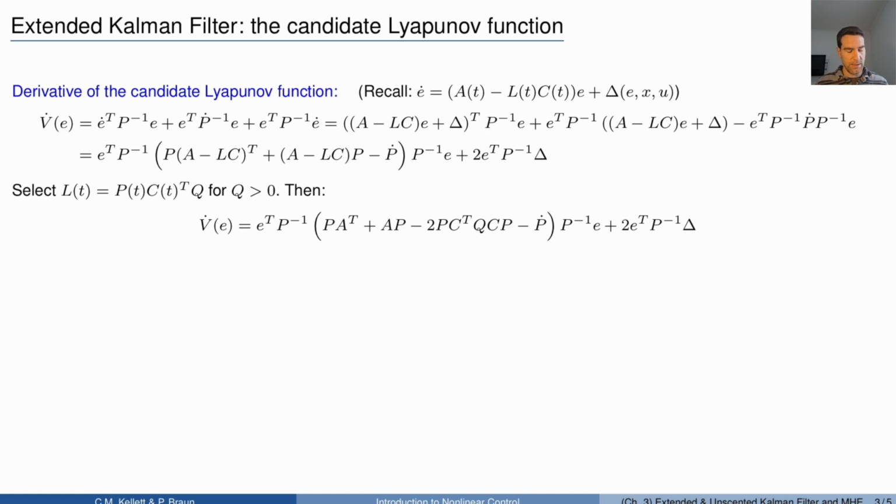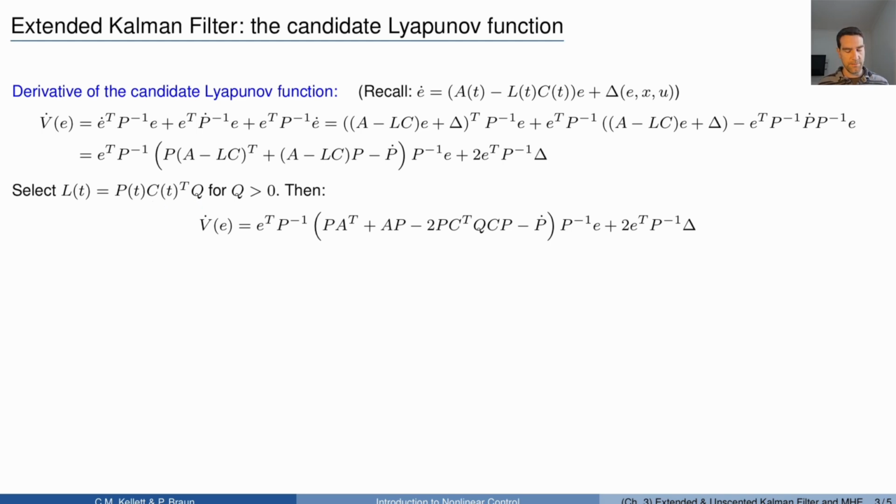As the next step, we define our output injection term L of t in this way here, meaning in terms of the, at this stage unknown, function P of t depending on C and Q, which is structurally the same as the formulas in the linear setting, with the only difference that there P was constant, C was constant, and Q was constant.